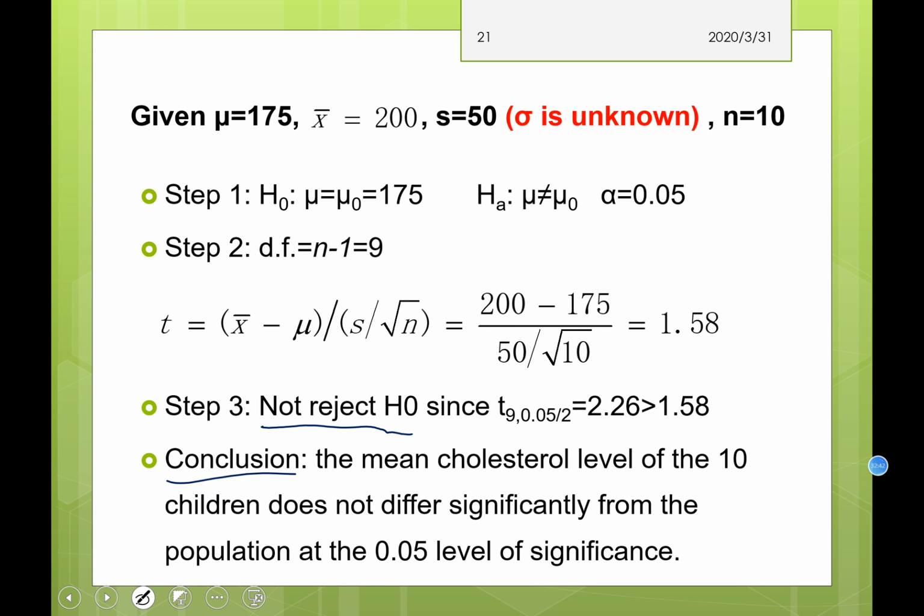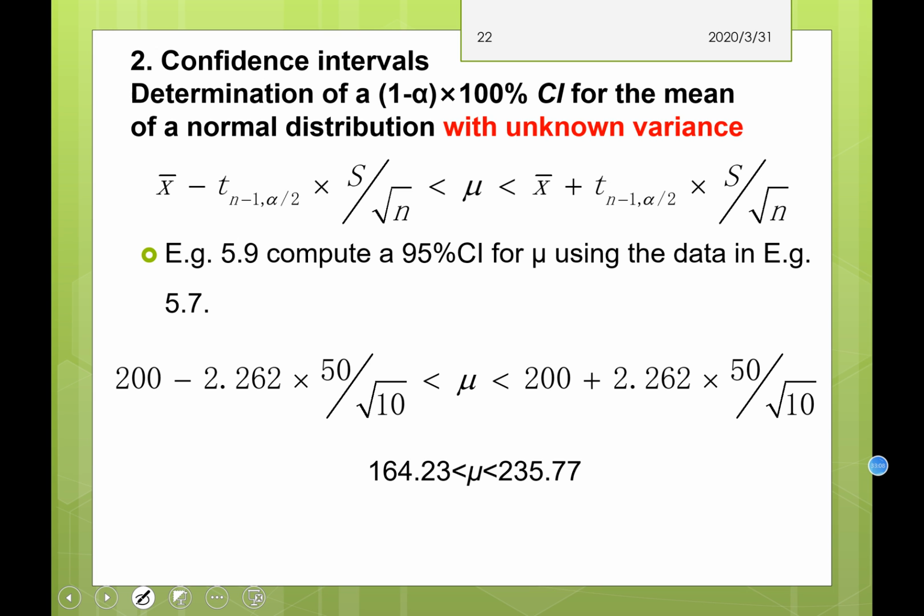That means the mean cholesterol level of the 10 children does not differ significantly from the population at the 0.05 level of significance. So that is the answer to the question. Okay, so this is the method of hypothesis test based on one sample t-test.